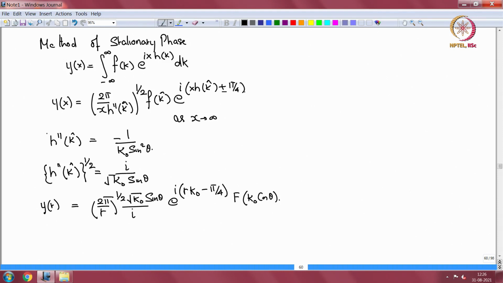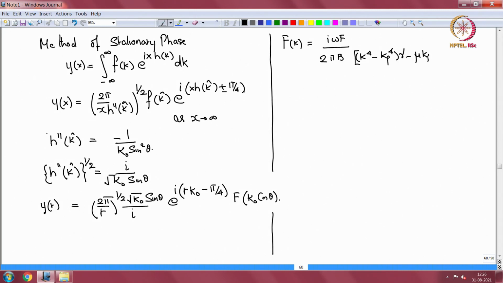Okay, so if we rewrite this now, my f of k was equal to i omega f by twice pi b, k fourth minus kp fourth, into gamma minus mu kp fourth.